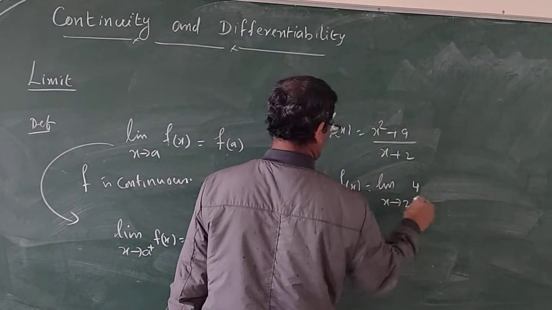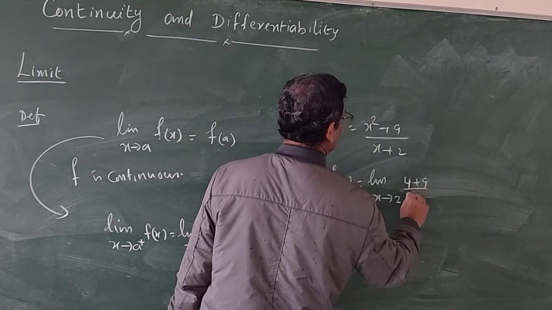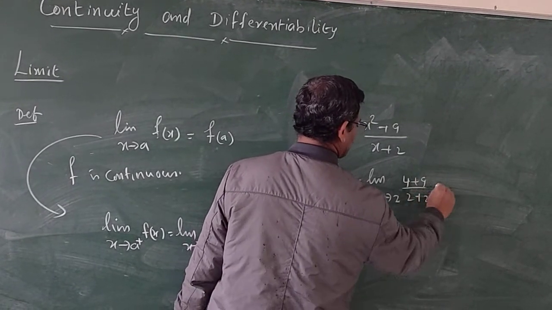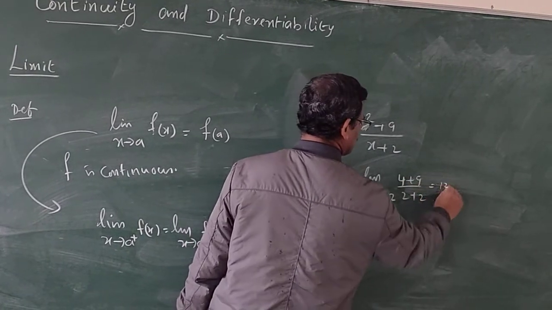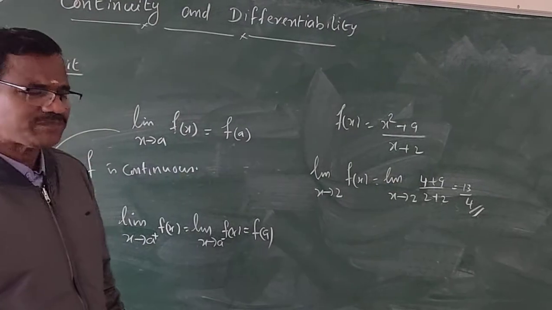When you put x equal to 2, it is 4 plus 9 divided by 2 plus 2, that is 13 over 4. So it is a defined value, and that value is the limit.